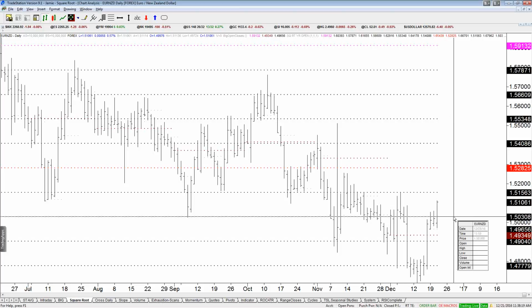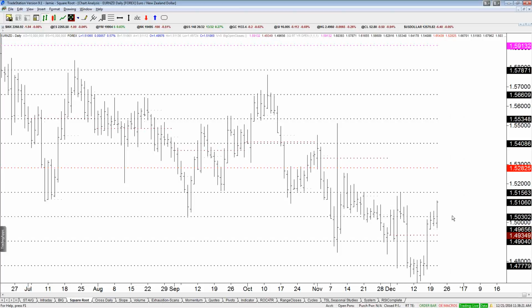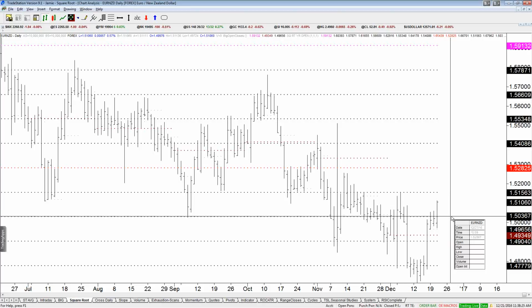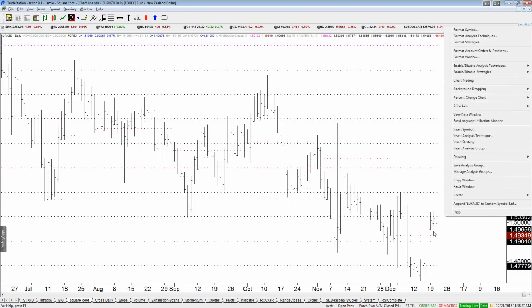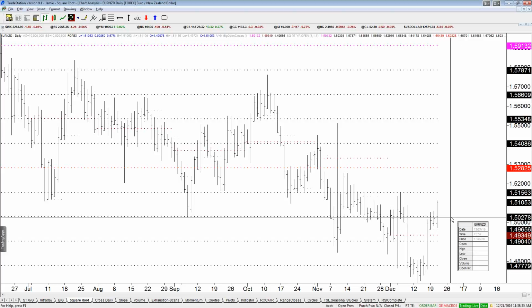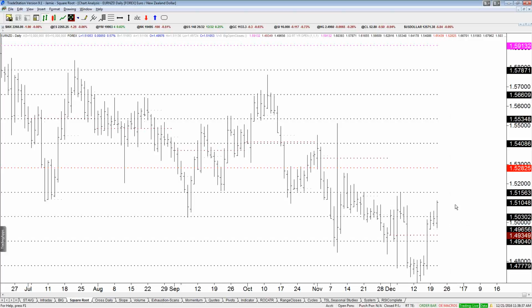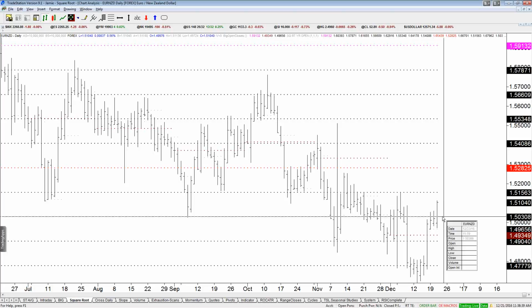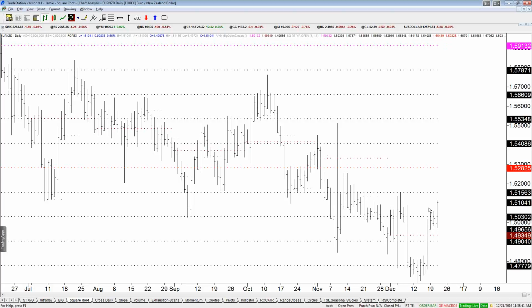And I'd still rather be, I think, short Kiwi at this point than long Euro Kiwi. I'd like to wait on Euro for next week. I'll let Euro prove to me that it has a low in place rather than trying to catch it. I'll try to catch it if we get into next week and are dumping into 101 or something, 102.50, but probably closer to 101.